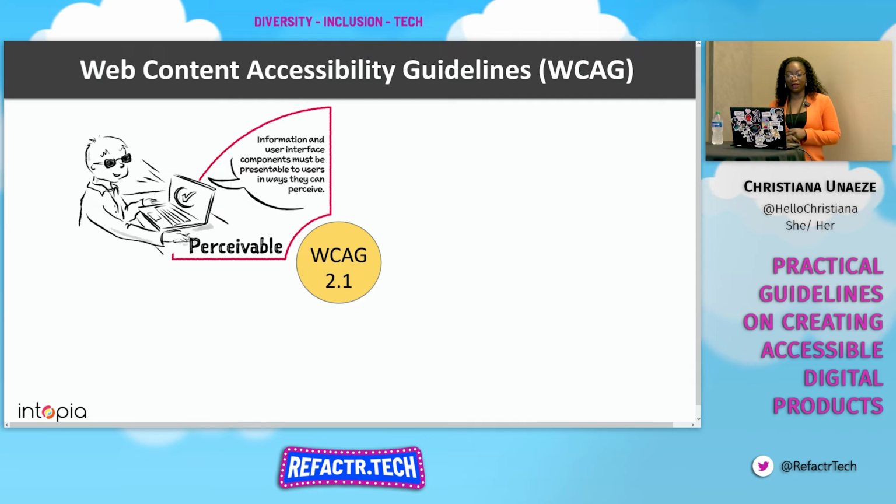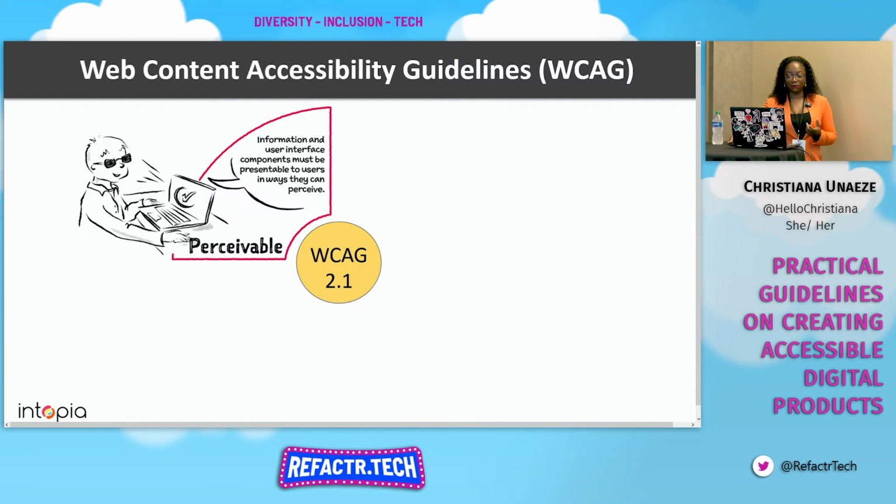This principle basically relates to how people utilize their senses when browsing the web. So some of your users may have difficulty with one of their senses and have to rely on assistive technology to browse the web. Usually this revolves around sight, sound, and touch.